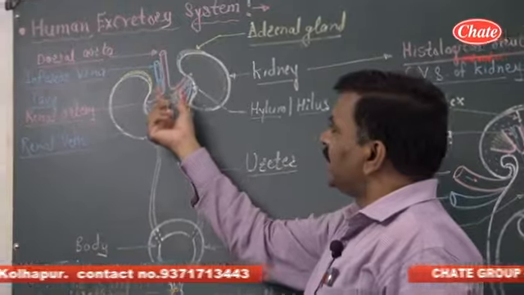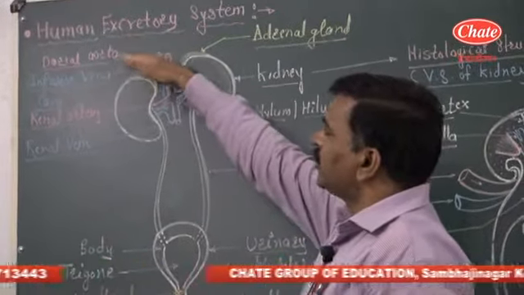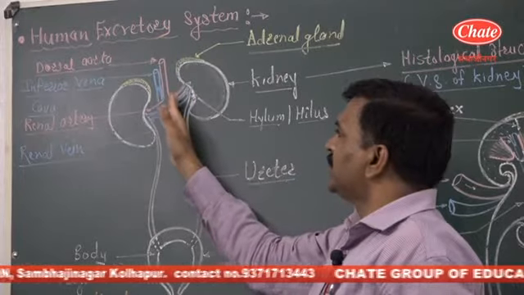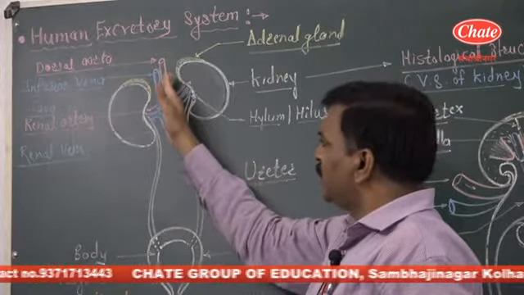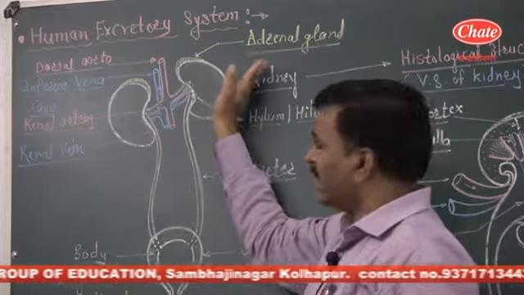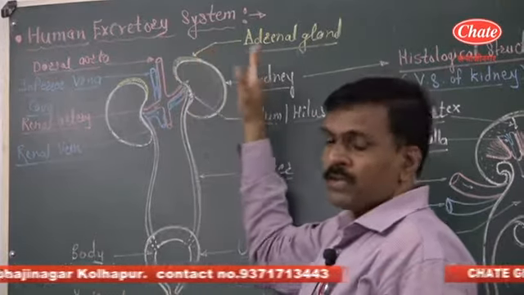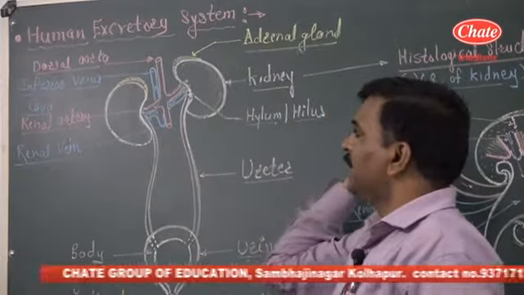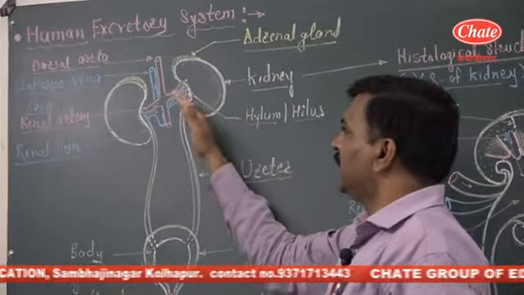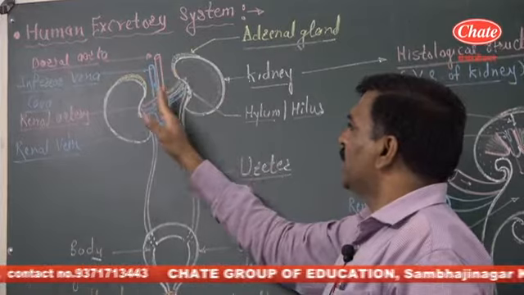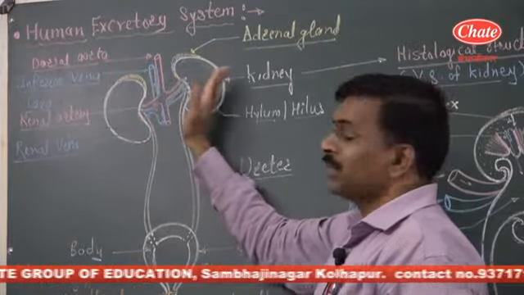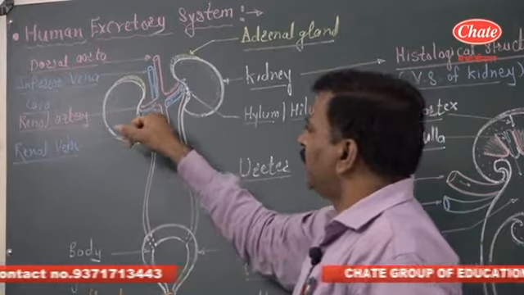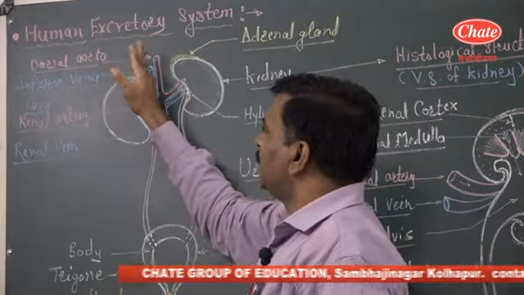The dorsal aorta from the heart brings oxygenated blood, and this oxygenated, impure blood is supplied to the kidney, which is the organ of purification of blood. All impure components are removed from the blood by the kidney, and the pure blood is released as deoxygenated blood into the renal vein, and from the renal vein arises the inferior vena cava.